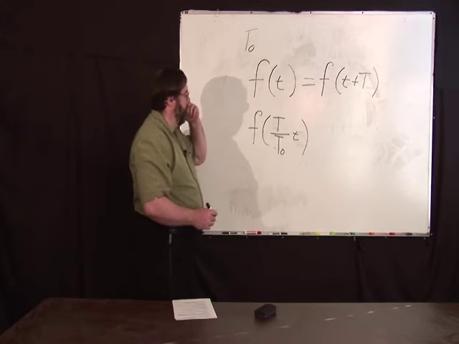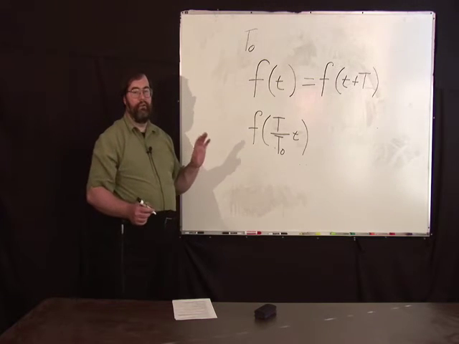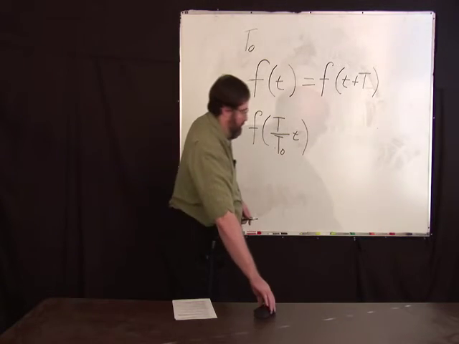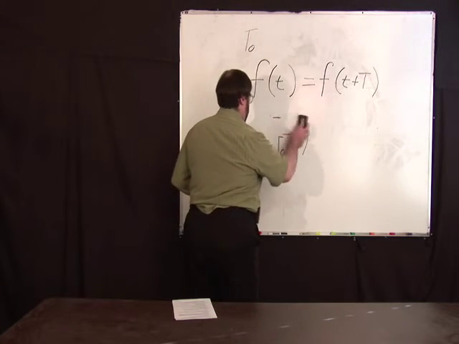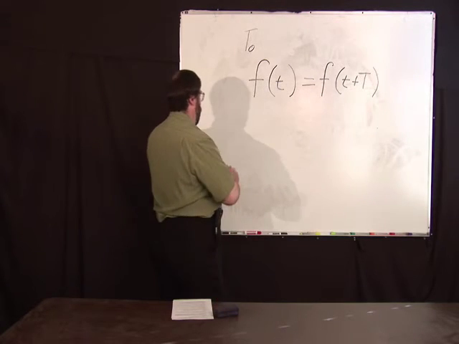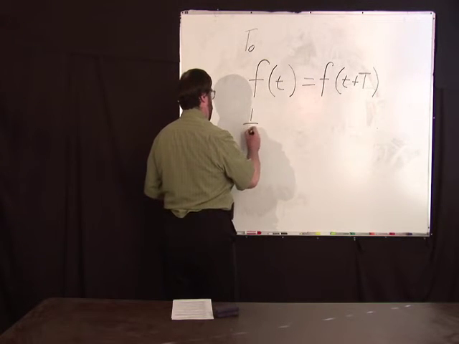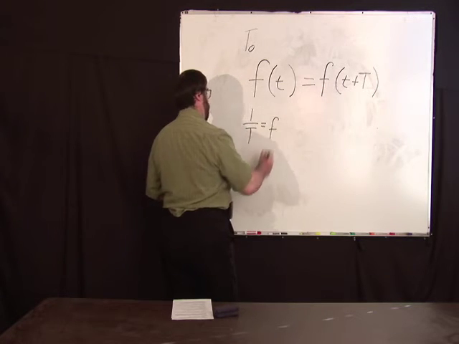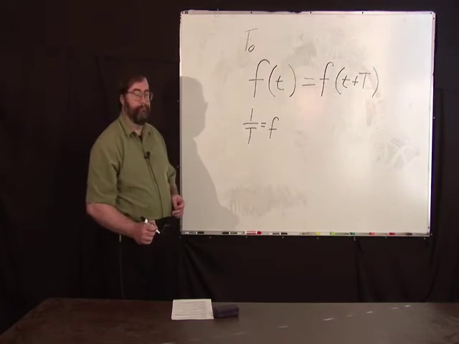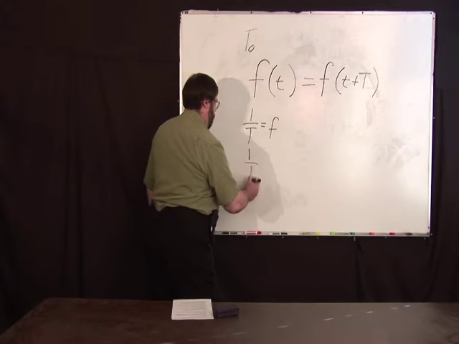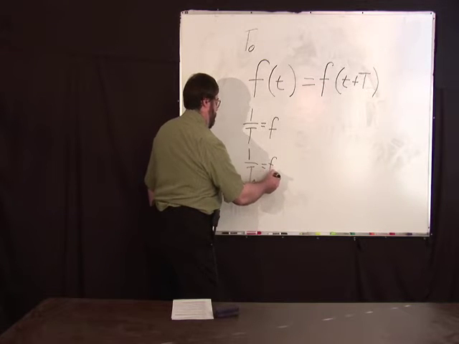Now, one can also talk about periodic phenomena in something called the frequency. Now we're going to use the same symbol here, but you can figure it out from context. 1 over the period is called the frequency. Okay? So 1 over t0, in this case, we'll call f0.